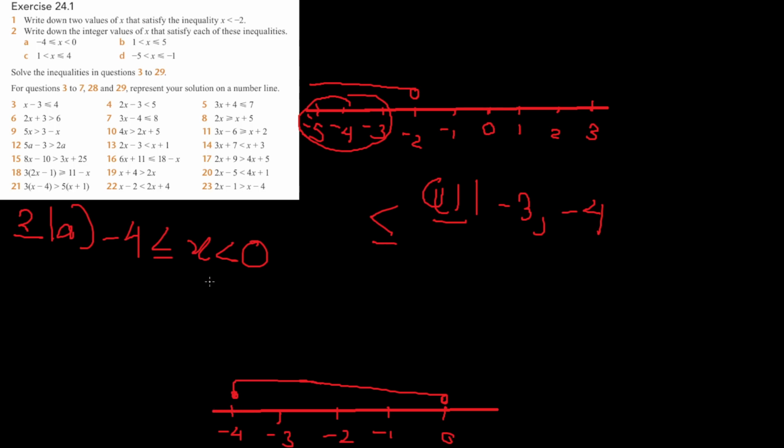So our integer values that will satisfy x are these numbers. So we can just write down answer, x equal to minus 4, minus 3, minus 2, and minus 1. And that would be our answer.